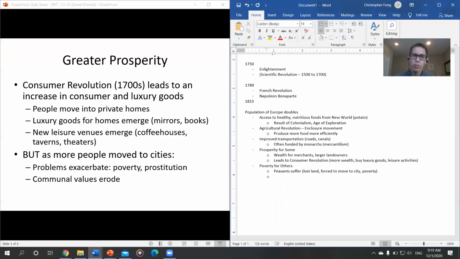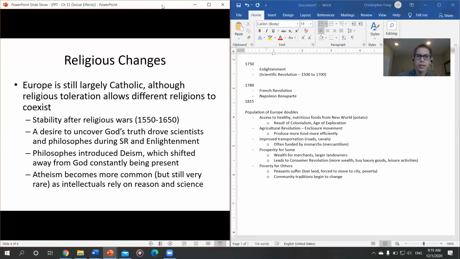But as the enclosure movement forces a lot of peasants off of their land, those communal traditions begin to fade away. Now, there are new communal traditions, these leisure activities, going to coffee houses, going to taverns, but traditions begin to change. So community traditions begin to change, for better or for worse.